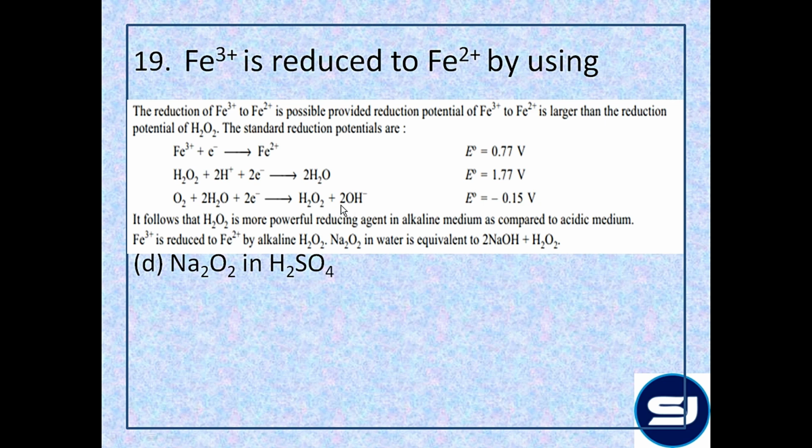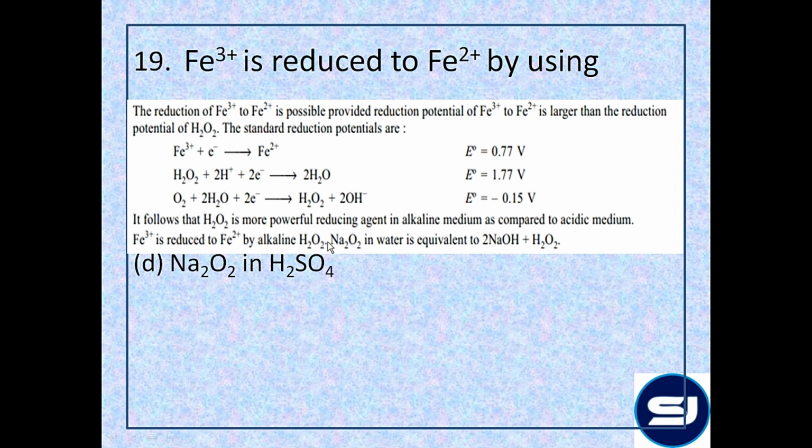But peroxide in alkaline medium has a lower SRP. So here the reduction will be possible only in alkaline medium. So it follows that peroxide is a more powerful reducing agent in alkaline medium as compared to acidic medium. And therefore Fe3 plus is reduced to Fe2 plus by alkaline H₂O₂.